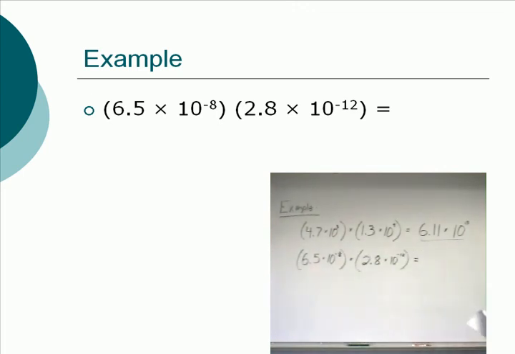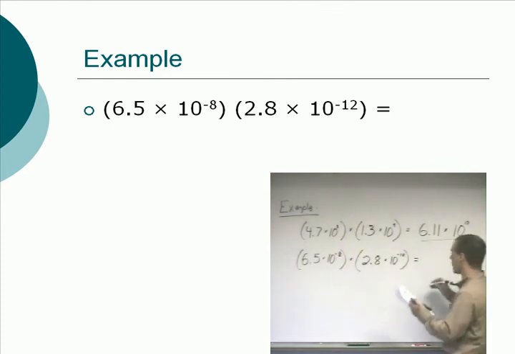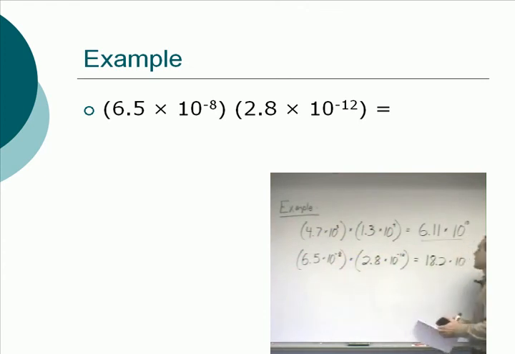Multiply those coefficients, 6.5 times 2.8, and we get a new coefficient of 18.2. Times 10, and what will be our power on 10? Negative 20, that's right. Negative 8 plus negative 12 is negative 20. That's the product, but it's not in scientific notation, so we've got to tweak that.